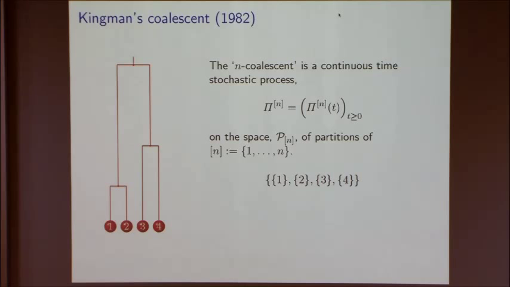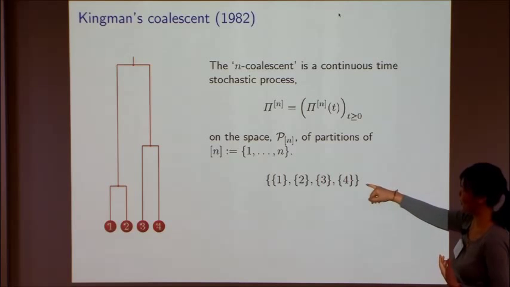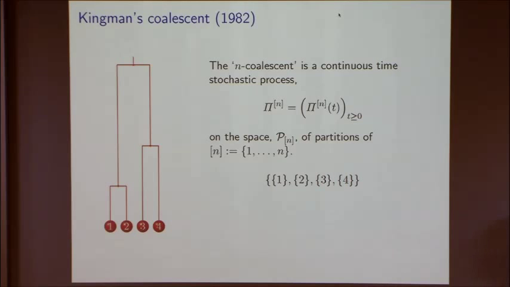Just to give you a feel for what that means, this is a graphical interpretation of the n-coalescent, or the 4 coalescent, but if you want to write it in terms of the space of partitions, you start from current time with the singleton partition, and then 1 and 2 merge, so you represent that by putting 1 and 2 in the same set, and then 3 and 4 merge, and then finally the last 2 lineages merge, and you've coalesced to the single ancestor for the sample.